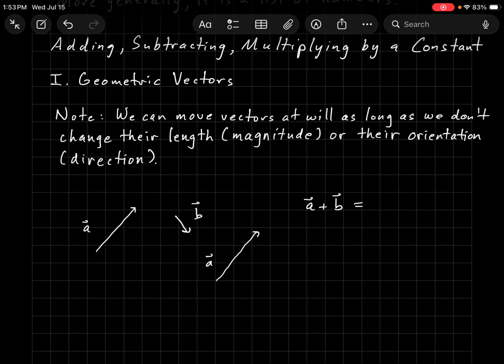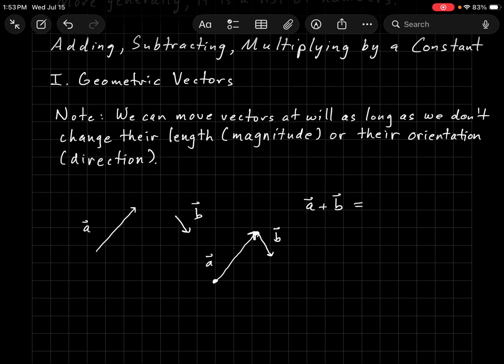So how are we going to move B? Well, something like this. Notice that A starts here and ends right there. We call this the tail and the tip. So I need to move the start of B, that is the tail of B, to the end of A and kind of attach it.